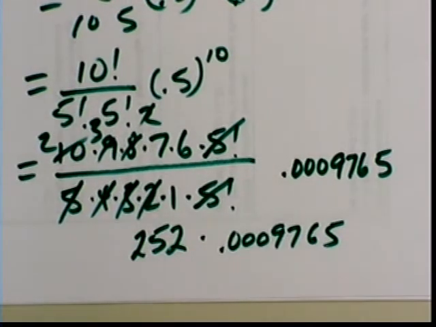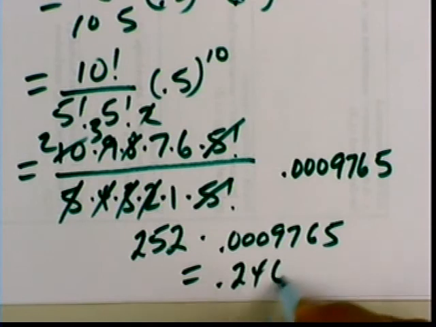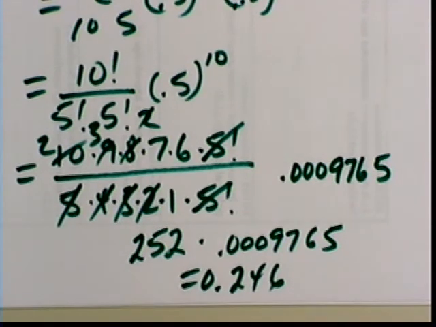And I believe that that's going to be equal to 0.246, which means about a quarter of the time, if you flip a coin 10 times, you're going to expect to get 5 heads.